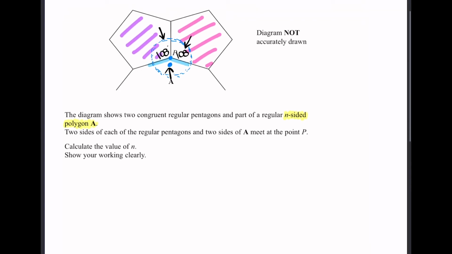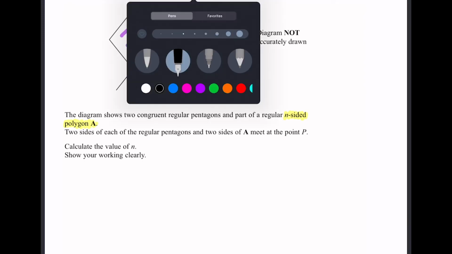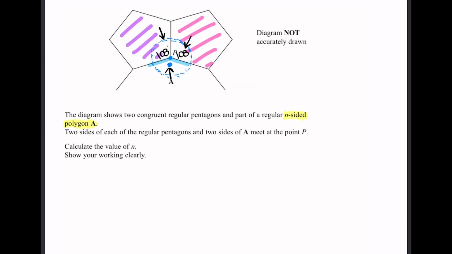So if I were to call this angle over here x, that would mean that I would have x plus 108 degrees plus 108 degrees equal to 360 degrees. Why? Because it's angles around a point.